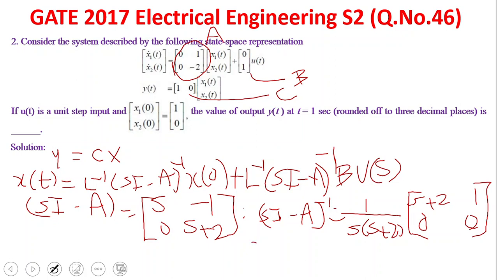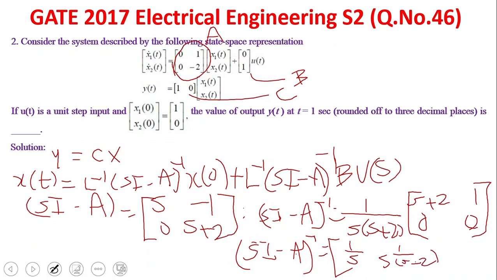Now if you simplify this, Si minus A inverse will be: s plus 2 by s into s plus 2 is 1 by s, then 1 by s into s plus 2, 1 by s into s plus 2, and then 1 by s plus 2. I think yes, I'm sorry, this is yes, right?